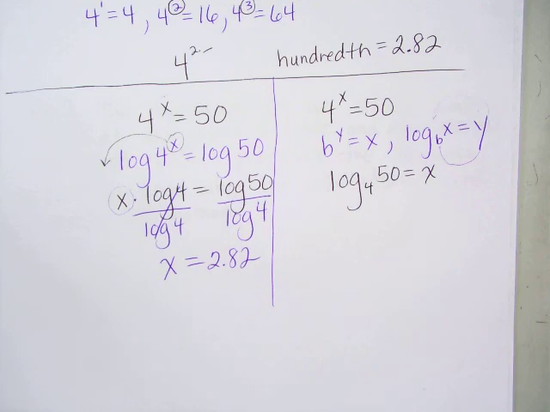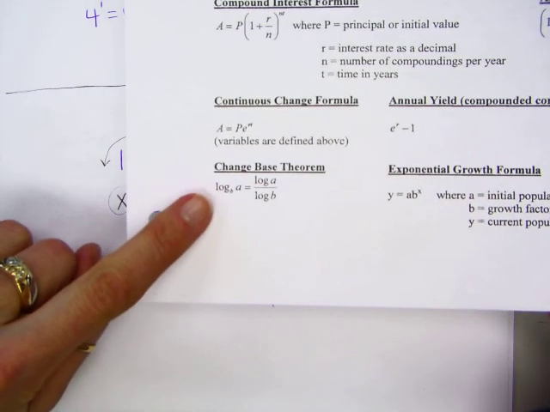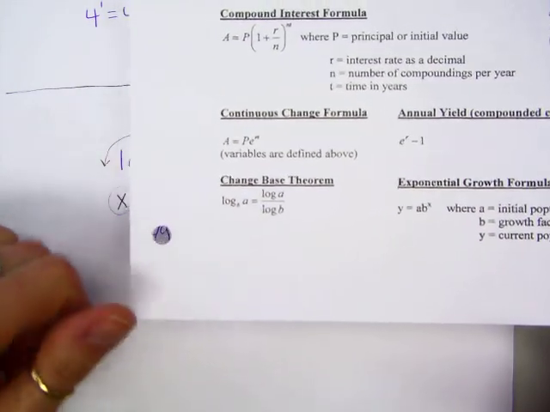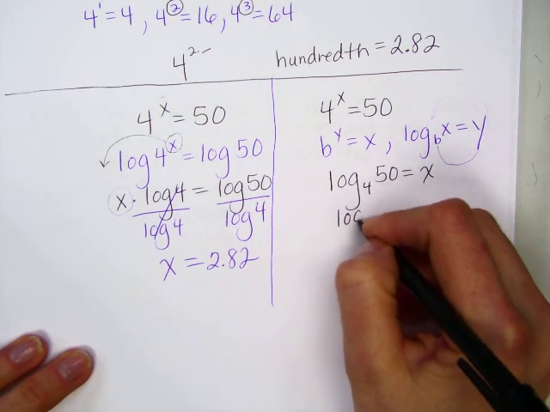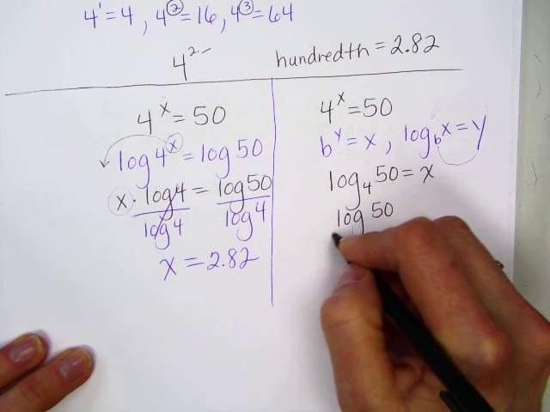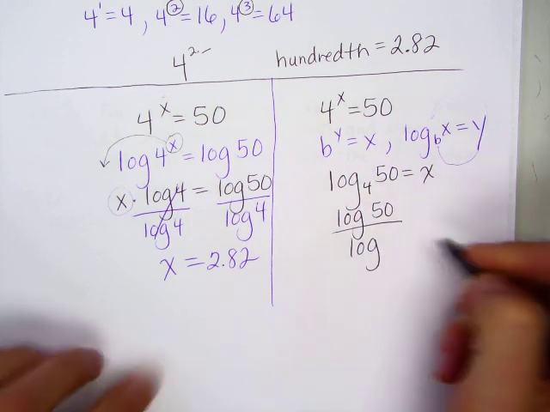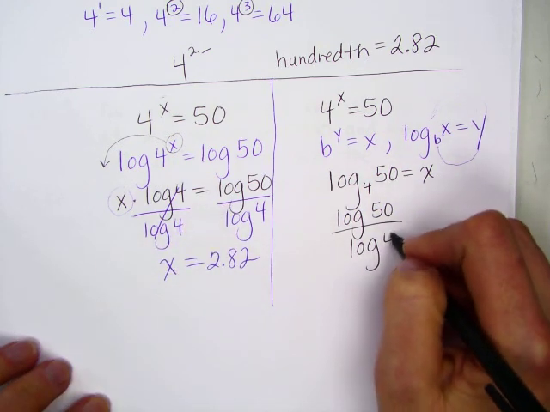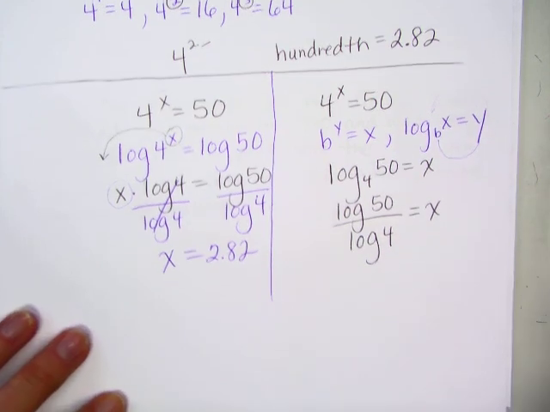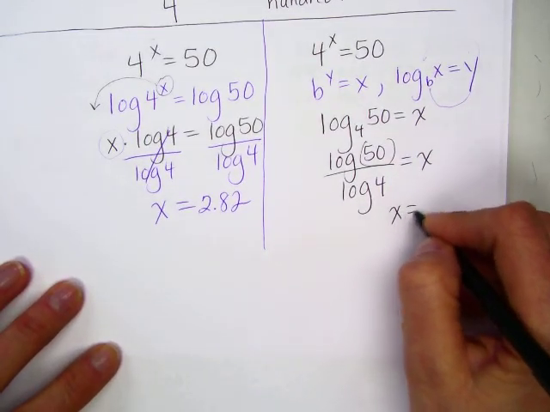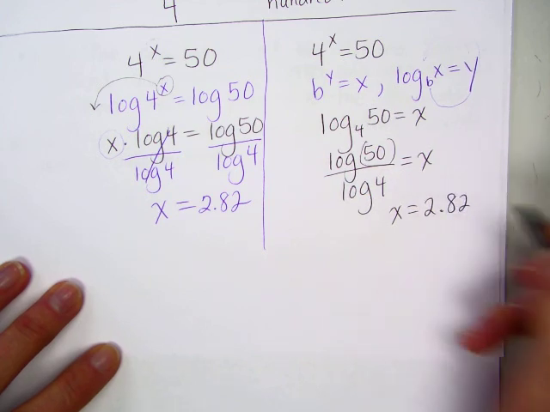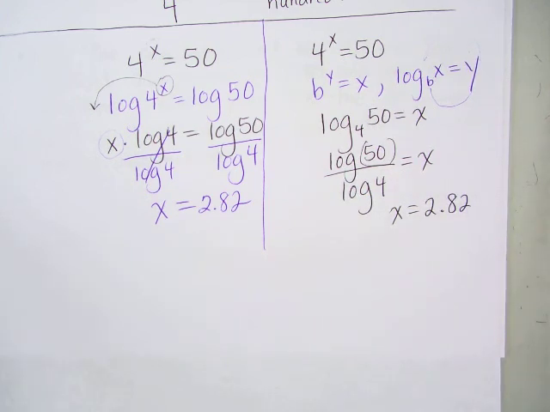And do you remember the change base theorem that allows us to type non-base 10 logs into our calculator? Again, what that says is that the log of 50 divided by the log of 4, and now you see, oh, wow, that's what we just did over there, would give us x. Again, we'd want to remember to close our parentheses, but we'd still get 2.82, etc.